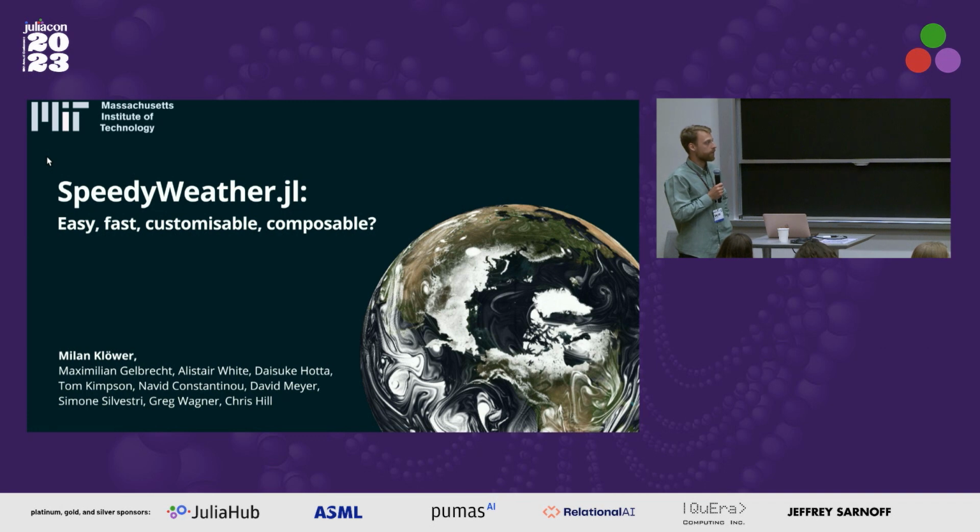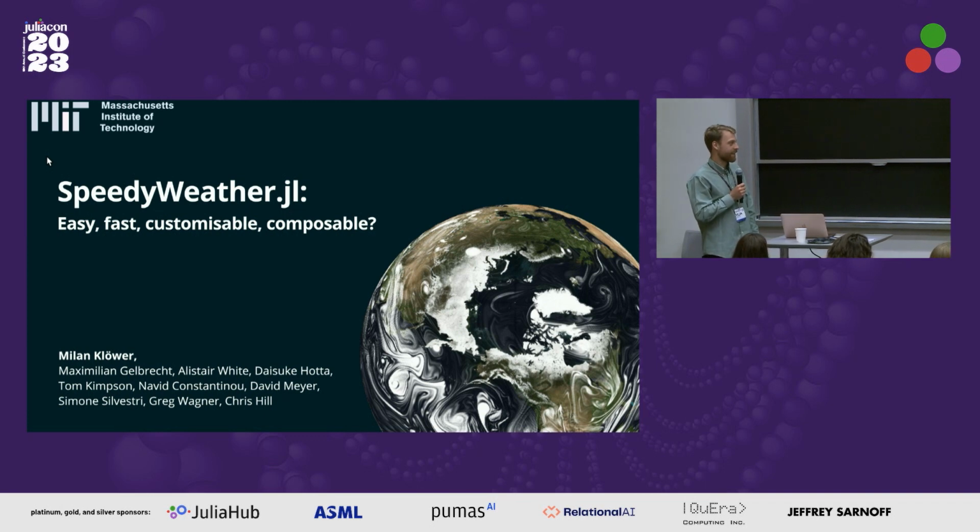So really more on the side of being a little bit simpler and therefore not always highly tuned to represent certain climate or atmospheric processes very well, but basically a playground of how we can create a relatively easy-to-use climate model in Julia that is also customizable and composable, which Greg already talked about. There's definitely a lot of inspiration from Oceananigans that went into SpeedyWeather.jl.